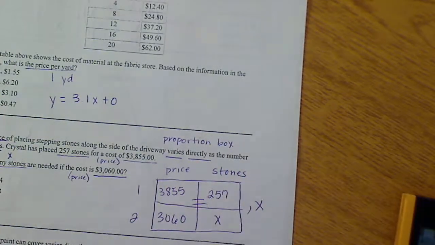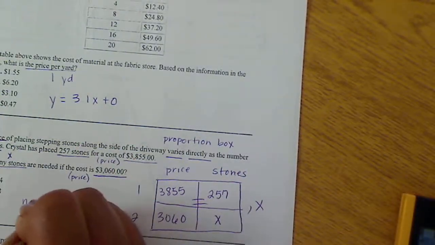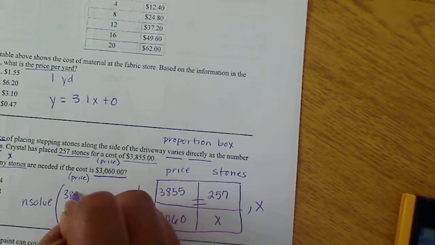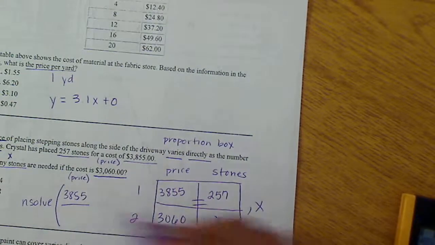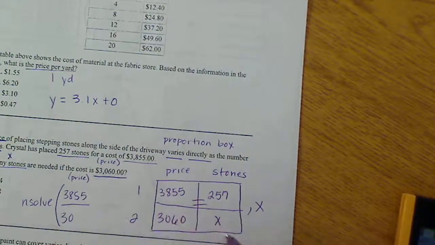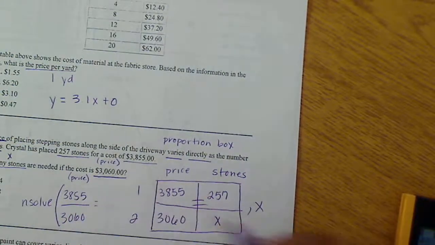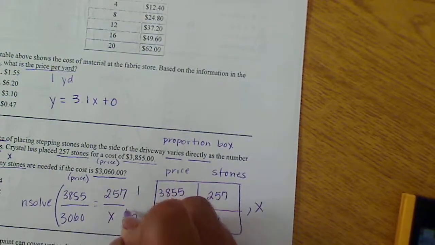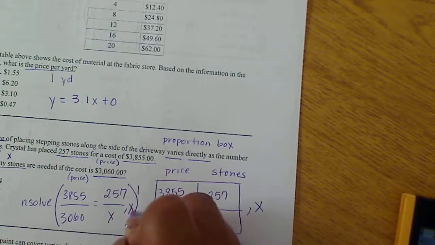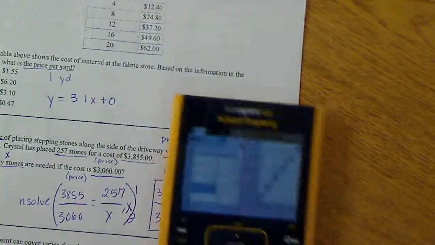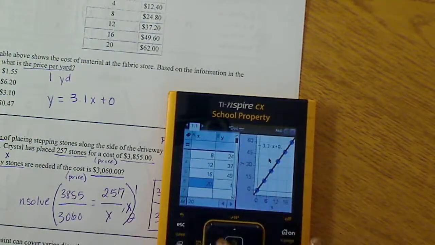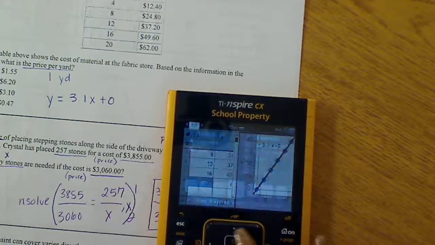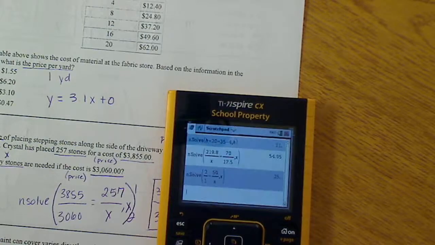So I'm going to put this in nSolve. With menu 3, 1, I have 3,855, control divide, 3,060 equals 257 over x, comma x. And I believe Gabby, but we are going to put this in our calculator.